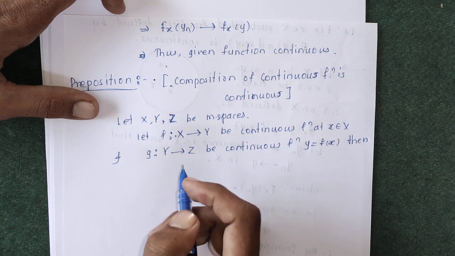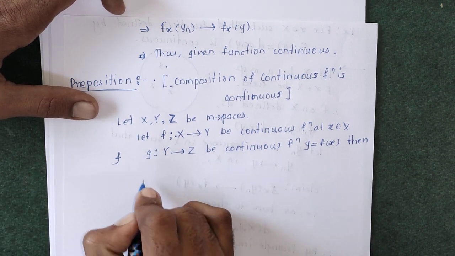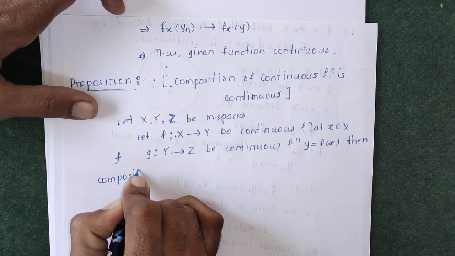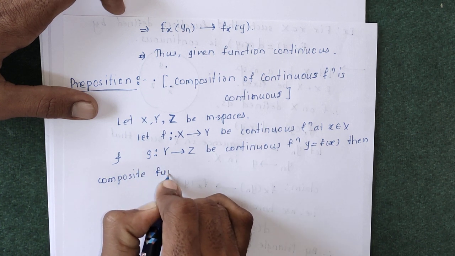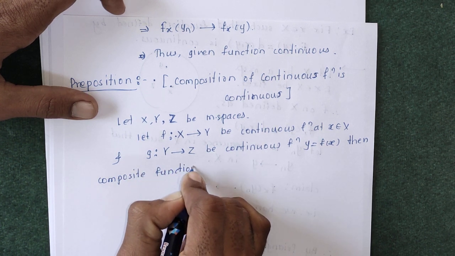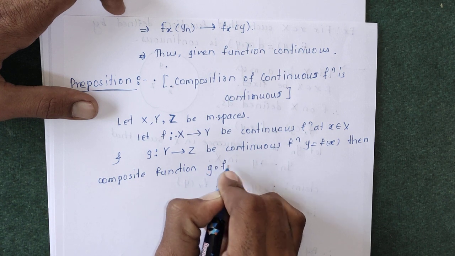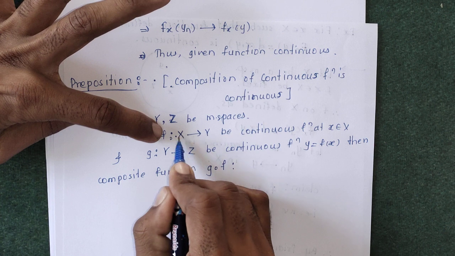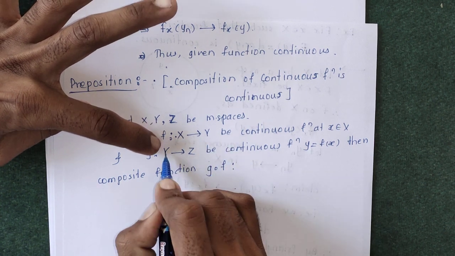Then the composite function g composite f. First of all we have to apply f, from x to y, then we have to apply g, from y to z.